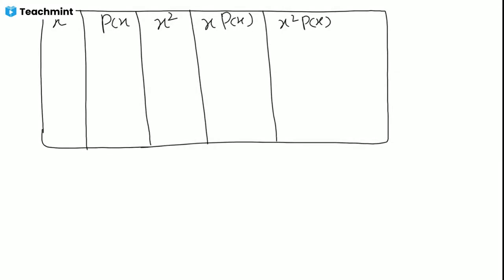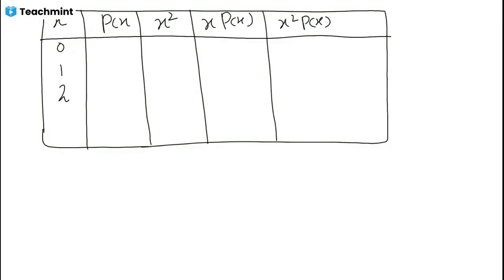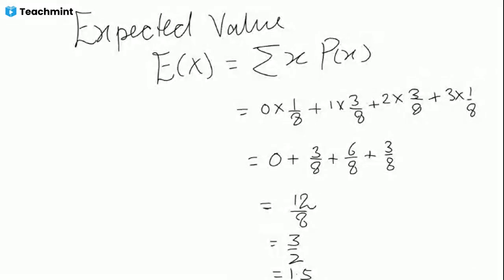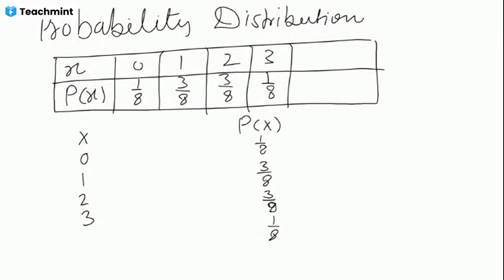The values of x are 0, 1, 2, and 3. p(x), the corresponding probabilities, are 1 by 8, 3 by 8, 3 by 8, and 1 by 8.